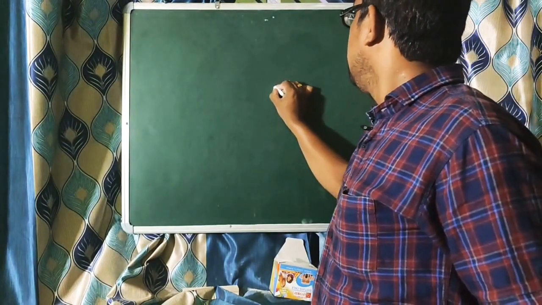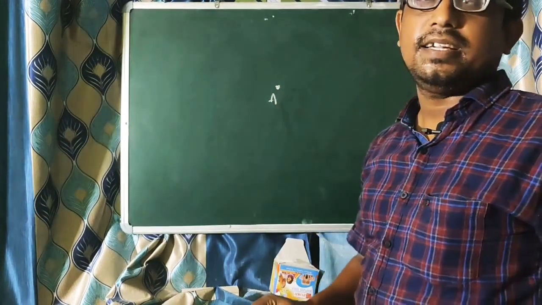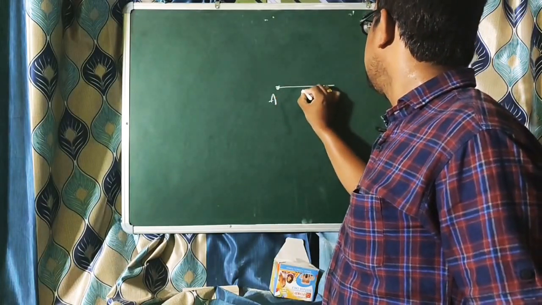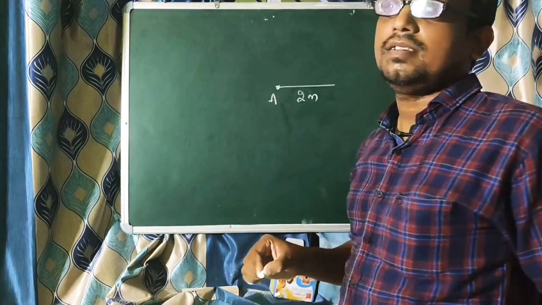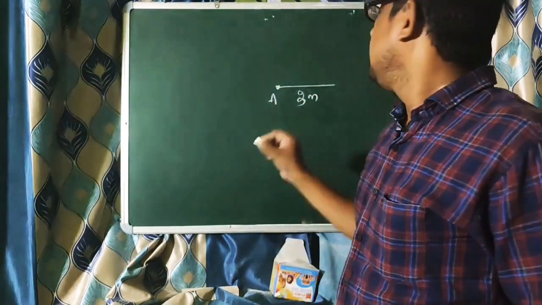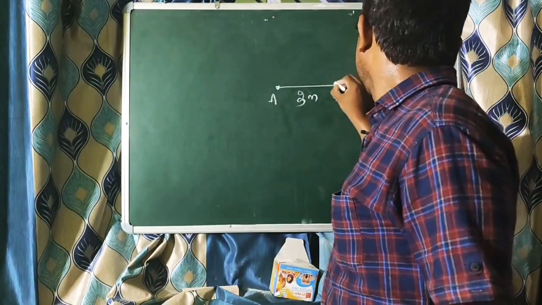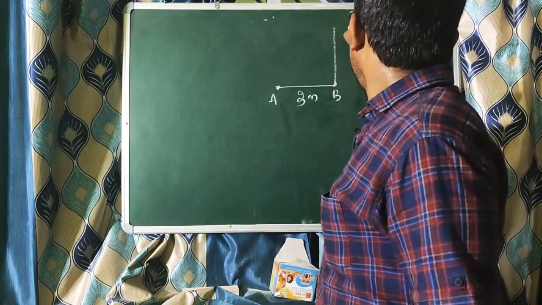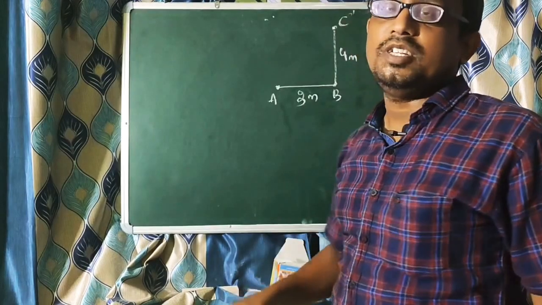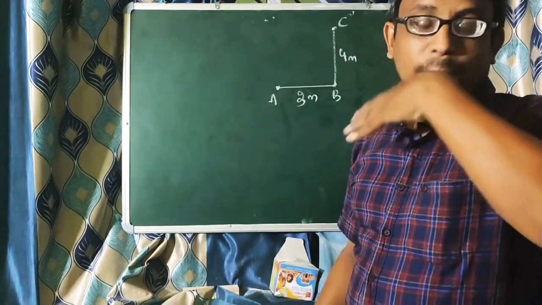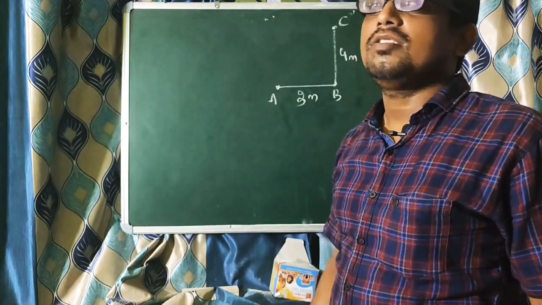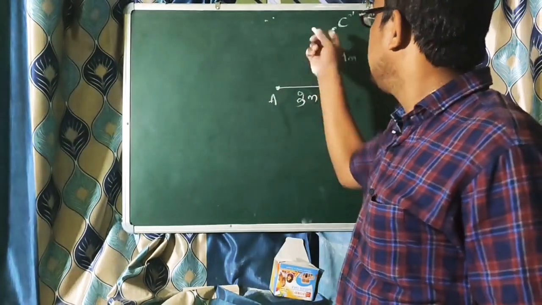A person is standing at point A, moves 3 meters towards east, then reaches point B, and then moves 4 meters towards north and reaches point C. We have to find the distance covered by the person and the displacement.